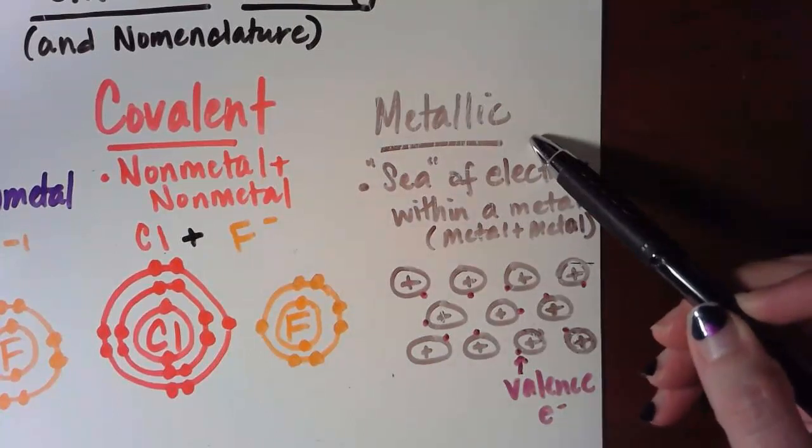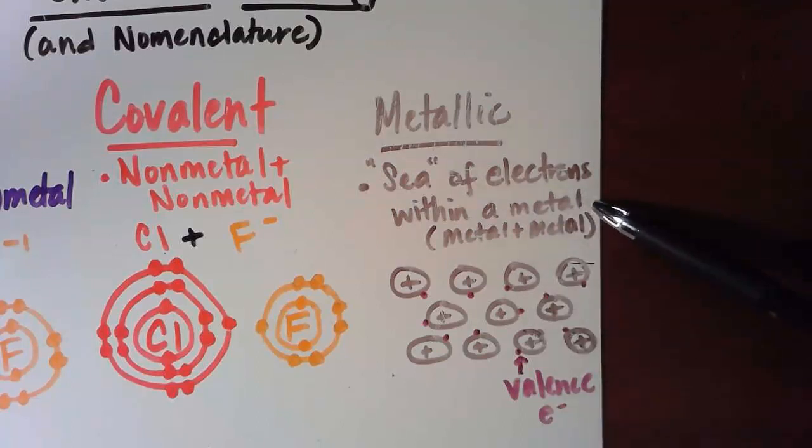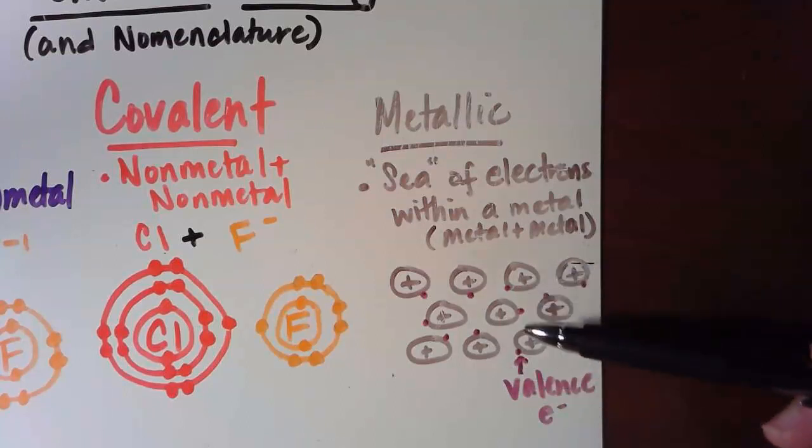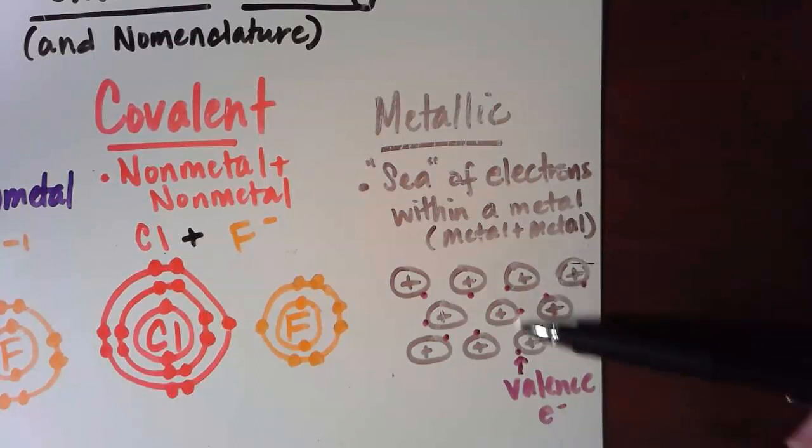Okay, so metallic bonds are known because they have a sea of electrons occurring within a metal. A lot of times people like to say it's a metal plus a metal type of bond, when really it's not a metal and a metal, it's the bond that's within one metal. So if you were talking about copper metal, why do the copper bonds occur in a piece of copper?